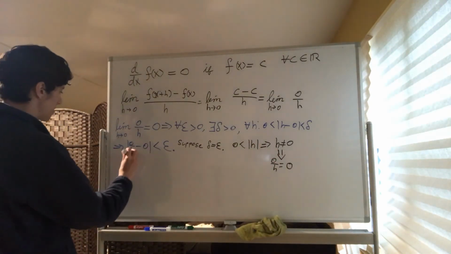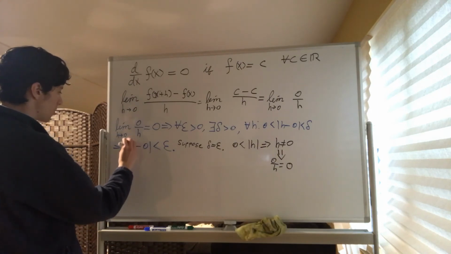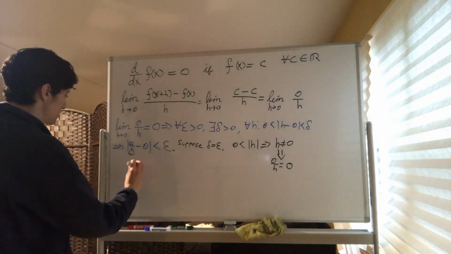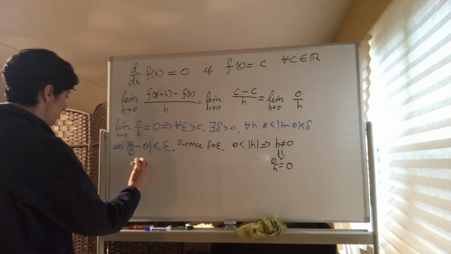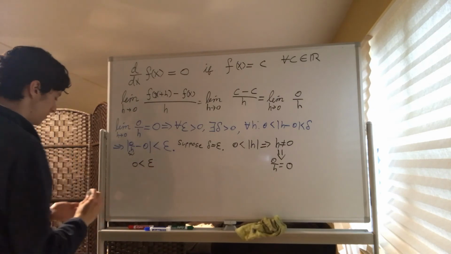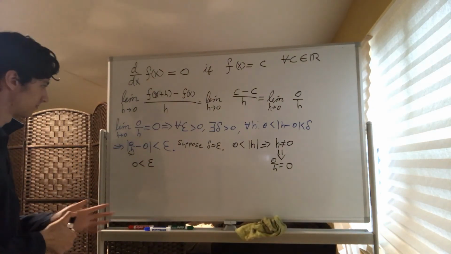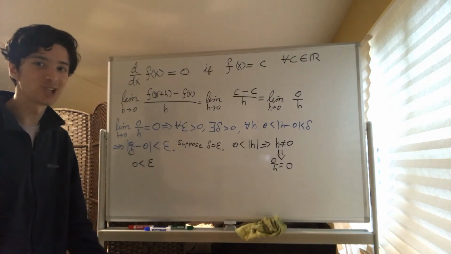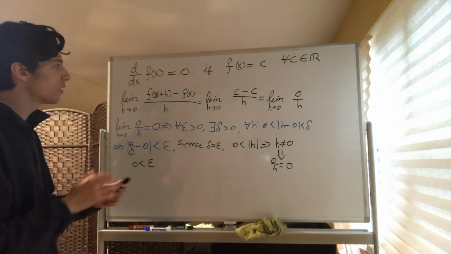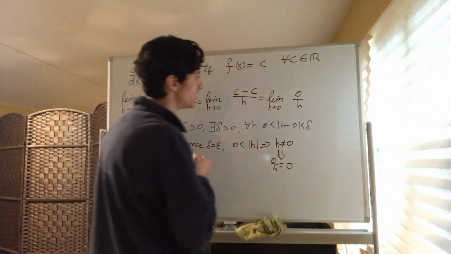So that means that what we have right here, 0 divided by h, is actually equal to 0, which means we get 0 is less than epsilon, which, well, of course it is, by definition. Epsilon is positive. So therefore, this limit is equal to 0.